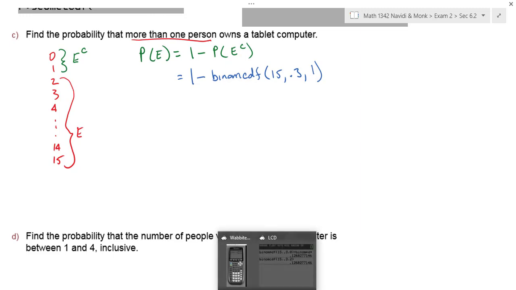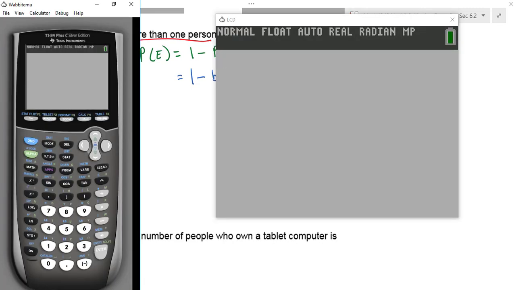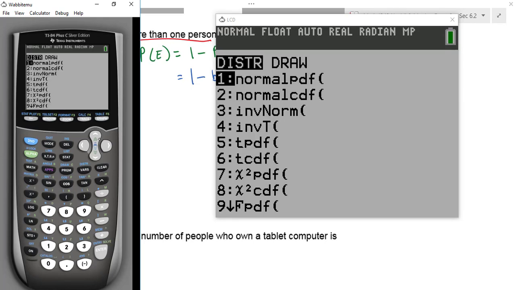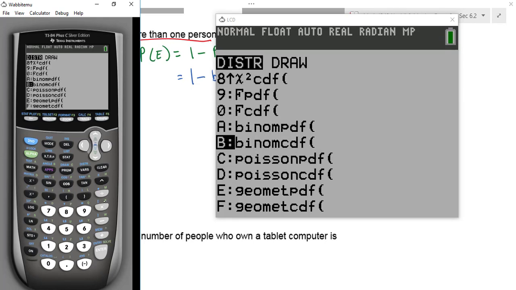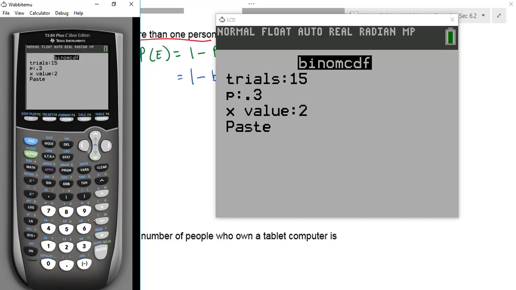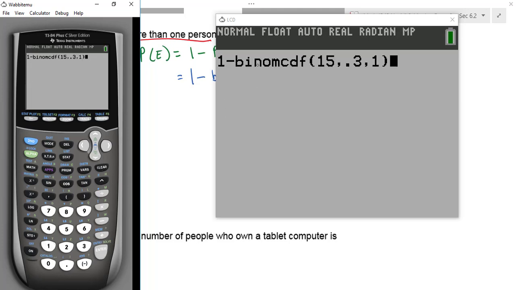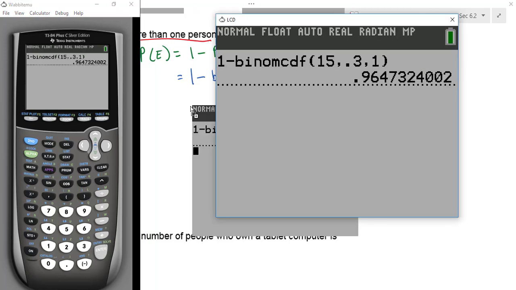So on my calculator, this would look like the following. 1 minus second vars, go up to the binomial CDF, n is 15, p is 0.3, and x is now 1. And so I'm finding the probability of the event using the probability of the complement, and that's what we get.